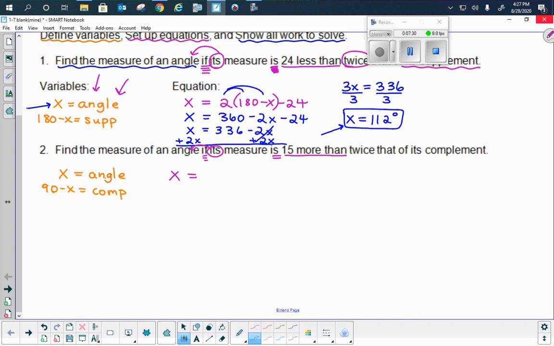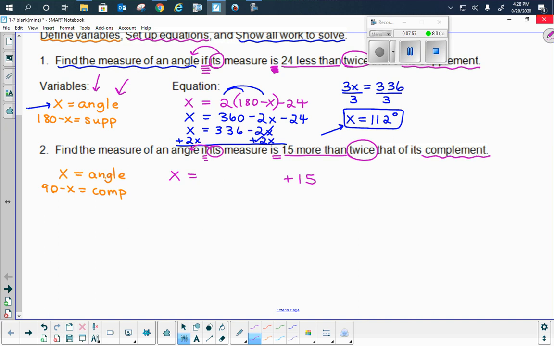Well, if less than means subtract 24, then 15 more than should mean add 15. Just to keep you in practice, I'm going to say let's always add and subtract at the end, because adding doesn't matter, but subtraction does. The order matters. So I'll say add 15 to, all right, another keyword, twice, which should mean 2 times. And it's 2 times the complement.